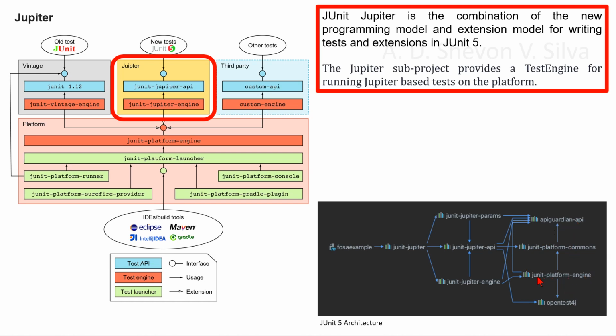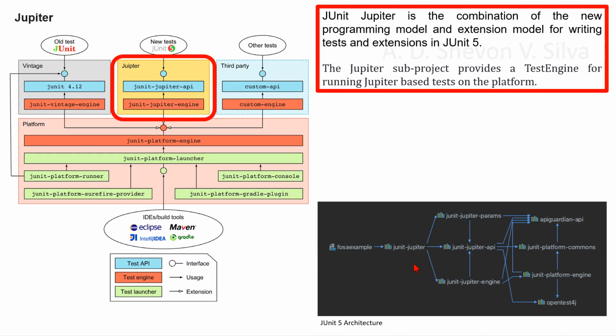Here the JUnit Platform Engine is connected to API Guardian API, JUnit Platform Commons and OpenTest4J, and here JUnit Platform Commons is connected to API Guardian API.